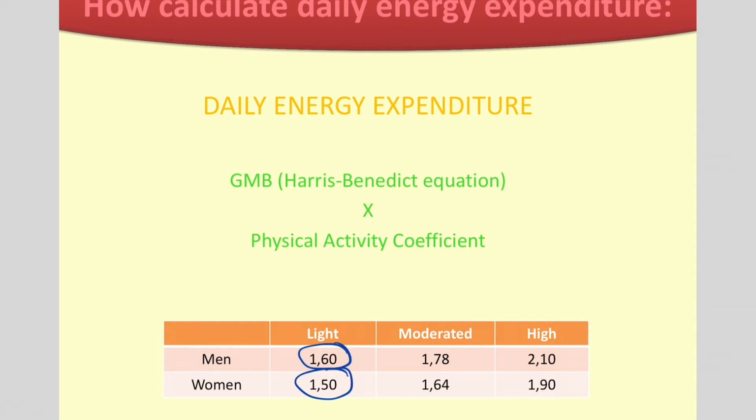These are values which are used to make an approximation. If you have a moderate physical activity, we will use these values, and if we have a high physical activity, we will use values which are nearly number 2.